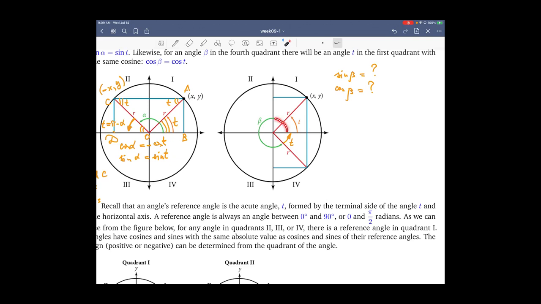Well, we take this point that corresponds to angle beta, construct a line perpendicular to the x-axis through this point, and consider these 2 right triangles, OAC and OBC. I claim they're equal.